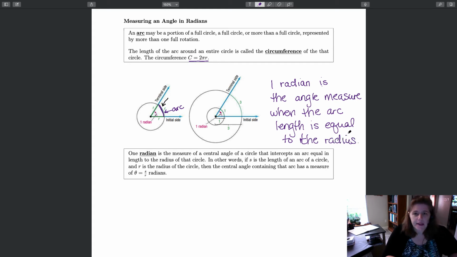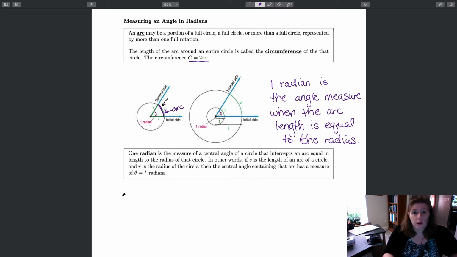So if you see on these diagrams, the arc length here in this first diagram is equal to r. The radius of the circle, or the distance from the center of the circle to any of the edge points, is also equal to r. So that angle here is listed as 1 radian.